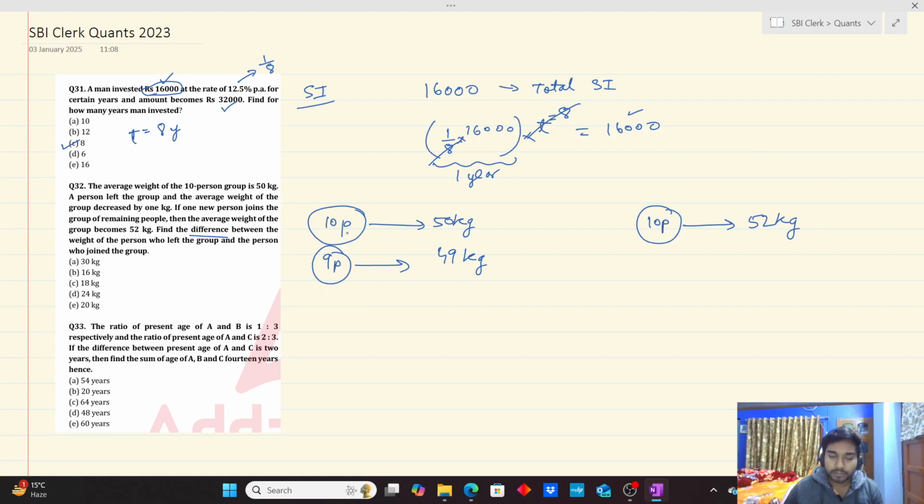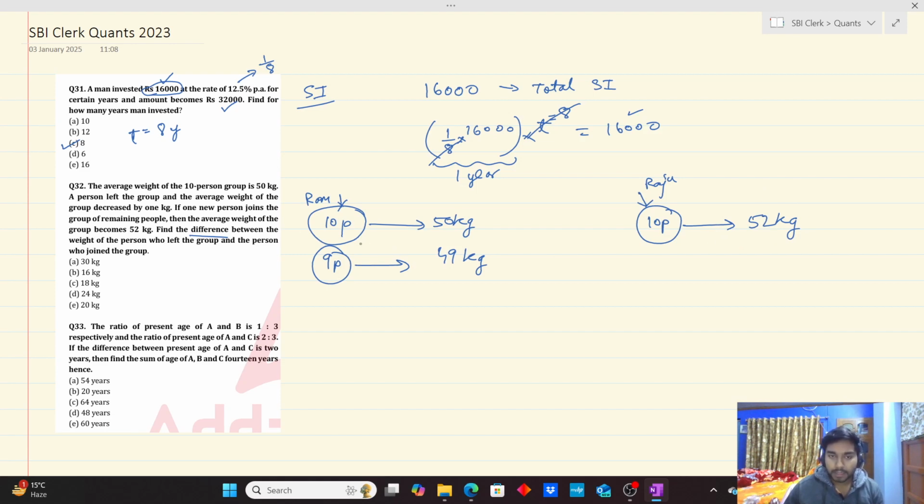So when that person, let's say Ram, was in this group, at that time the average was 50 kg. But when Ram was not there in the group, and another person, let's say Raju, was there, at that time my average was 52 kg.